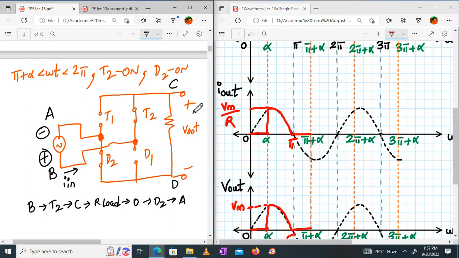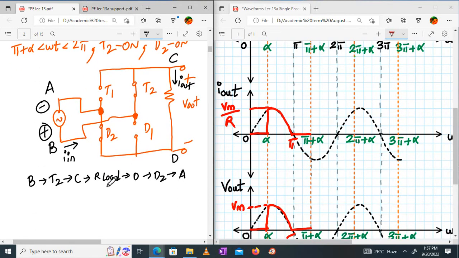Current is going in this direction, but the load current is in the same direction. But Iin's direction has changed. Earlier it was going from A, D1. Now it has changed the direction. That means Iout will be the same as Iin in magnitude, but the polarity will be different.